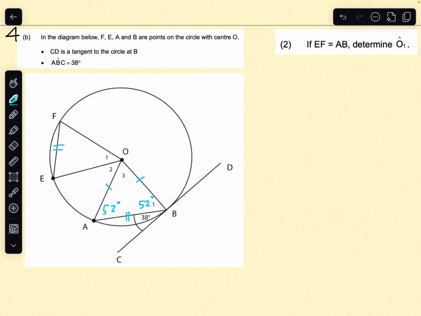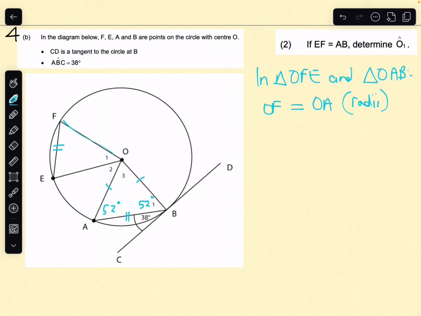So we would say in triangles OFE and OAB, we know that OF is equal to OA because they're both radii. We know that OE is equal to OB, also because of radii.